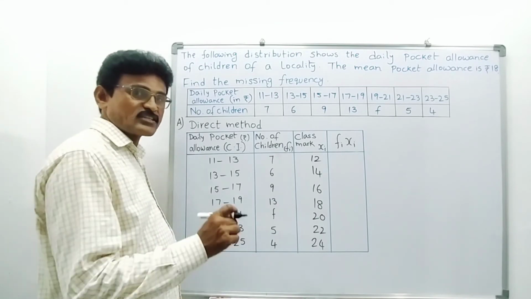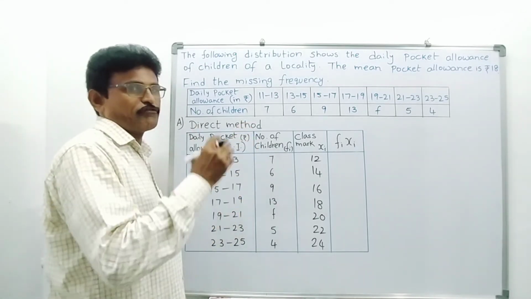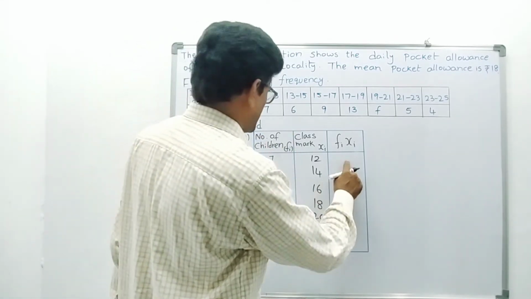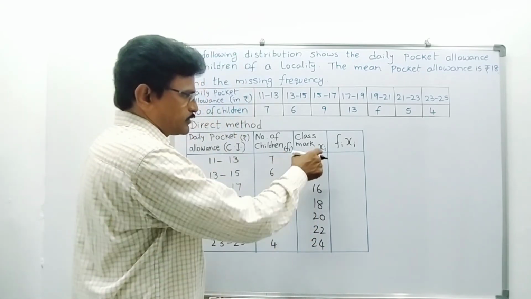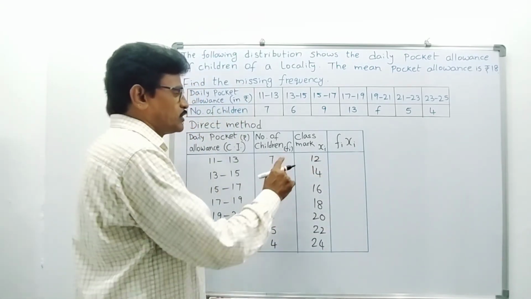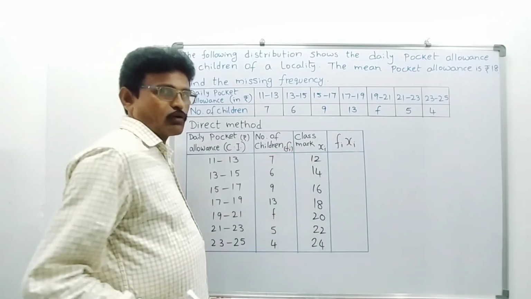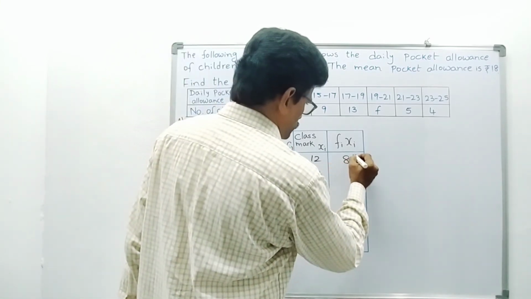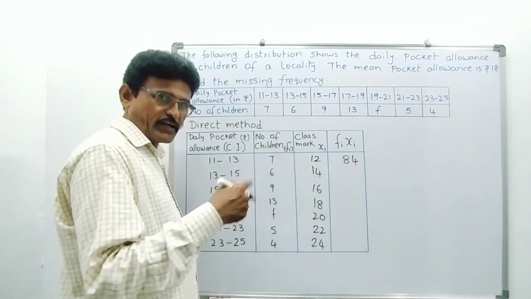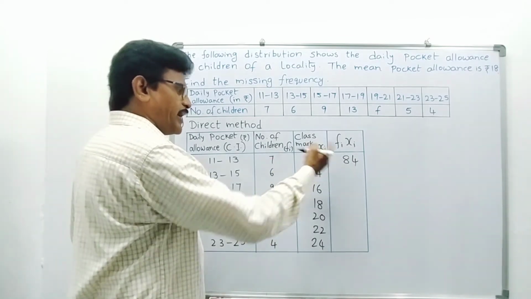Xi. Next, in the direct method, Fi Xi you have to calculate. This column is Fi, this column is Xi. Now 12 into 7, 84. We have to calculate Fi into Xi. 12 sevens are 84.